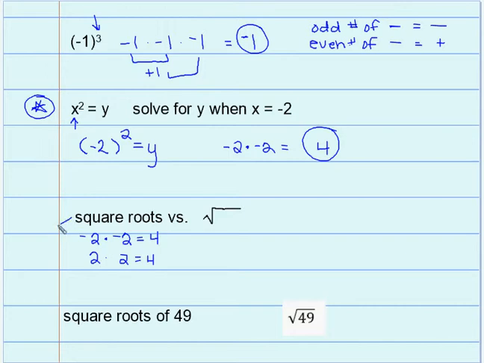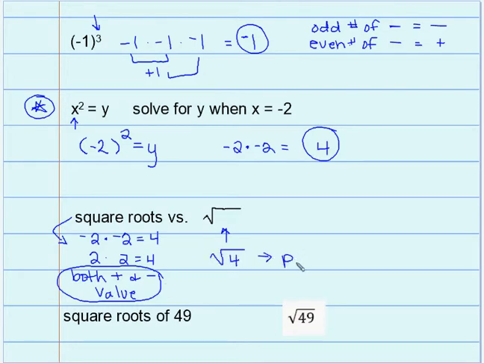So when they ask you for the square roots, they're asking you for both the positive and the negative value. Okay, but when they show you the square root of 4, they only want the principal root.